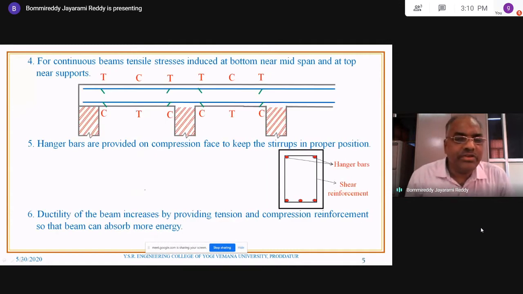And another situation is for continuous beams, where tensile stresses are induced at the bottom near midspan and at the top over the supports. If this is the continuous beam, the bottom face is under tension and the top is under compression.